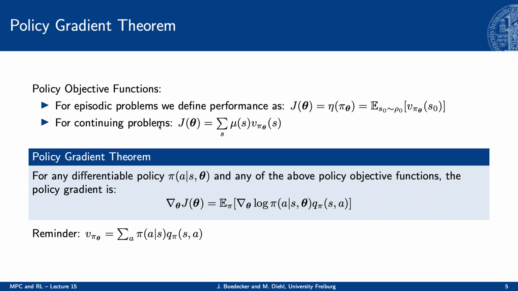On the other hand, for continuing problems, in order to figure out this objective, we should take a look at the stationary distribution of our policy, parameterized by theta, for all the states S. And so we should average our values over all the states S with this stationary distribution.